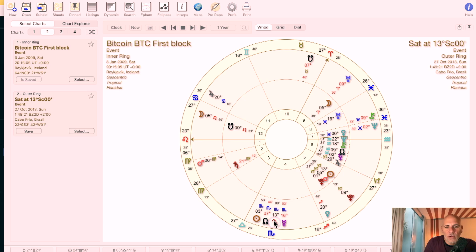The same we can do when it trined, but we are going to go before the time of Bitcoin's birth, because Bitcoin was born with Saturn in Virgo. And if I would like to go to, yeah, we actually will go very near to the time of birth and before. So it will give us power again to the use case of Bitcoin. And this is a positive aspect that fertilized the power of it.